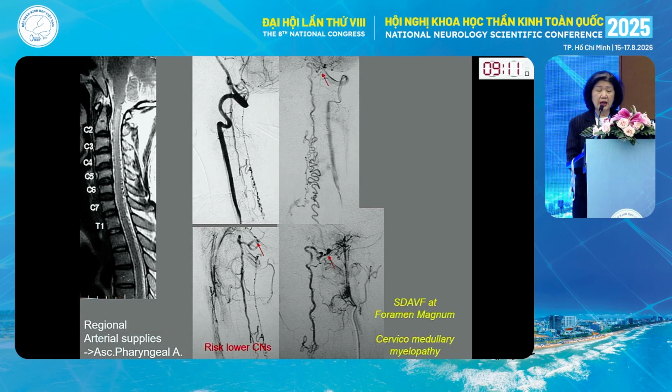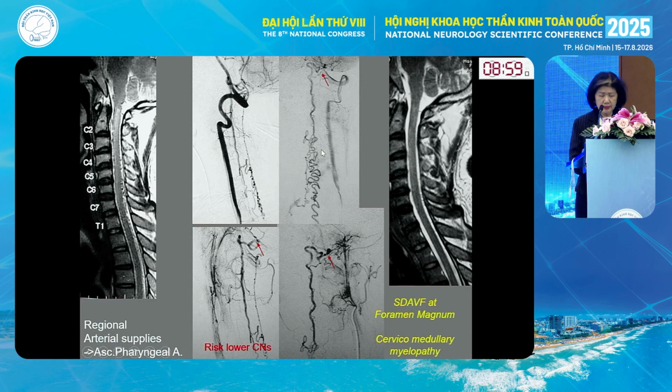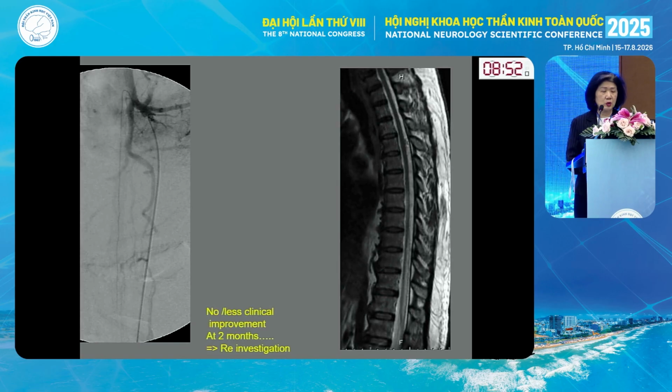And now you see that by injection of this ascending pharyngeal artery, you see clearly the shunt located there. By injecting the vertebral artery, you may be confused where to occlude this shunt. And this is how we can treat the patient, and the patient becomes normal after the treatment.